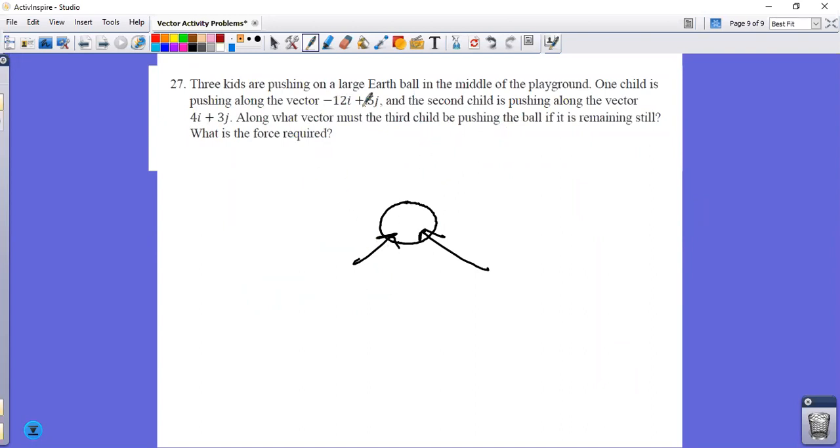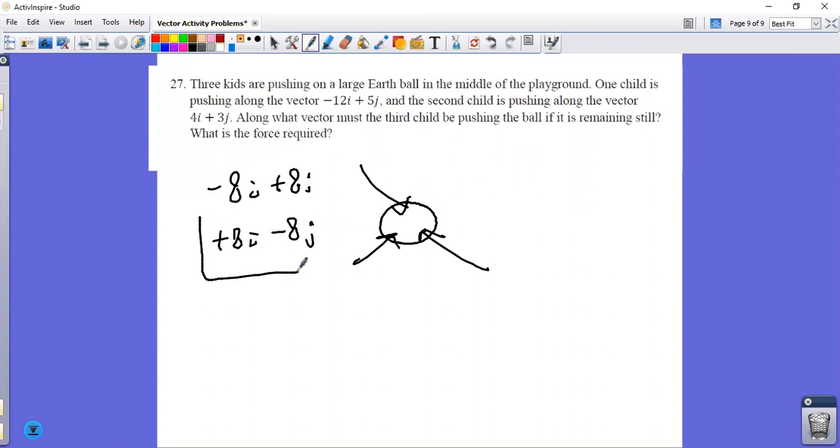Well, if you add those two together, you get negative 8i plus 8j. So if a third child is going to push to make it stationary, that means you want a 0 outcome. So they would have to do the opposite, plus 8i minus 8j, which is like that way.